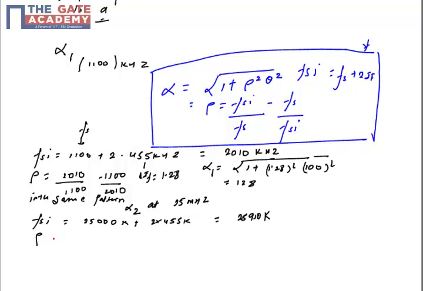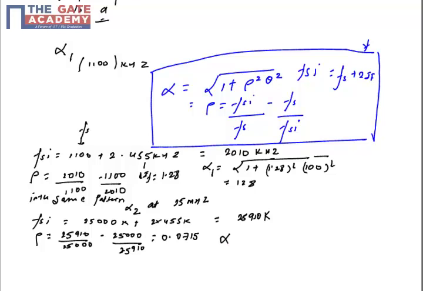Rho comes out to be 25910 divided by 25000 minus 25000 divided by 25910, which is equal to 0.0715.